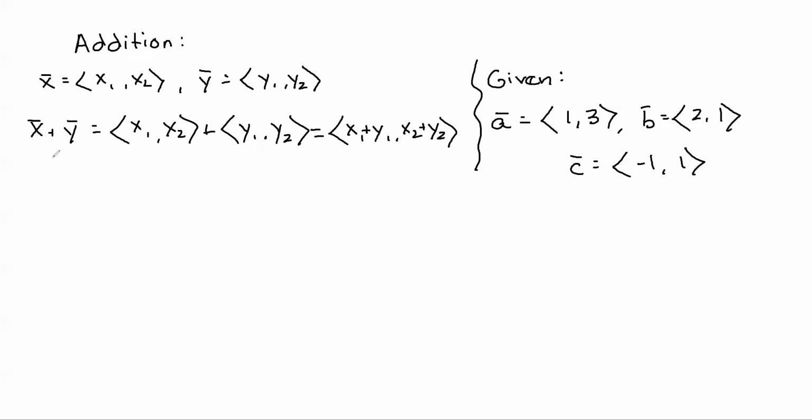So the way that you add two vectors is you add the components. This is called component-wise addition.